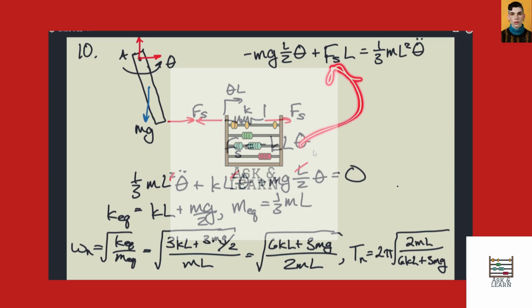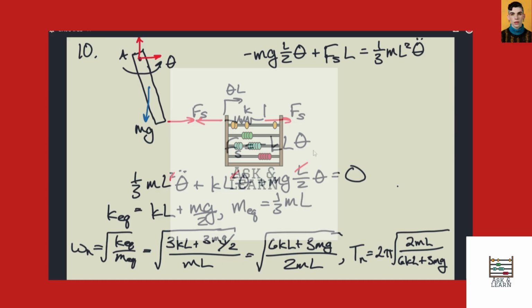Plugging this into here, rearranging some, and canceling out an L everywhere, we get what I'll call the equivalent stiffness. So the coefficient of our coordinate, which in this case is theta, is KL plus mg over 2. The equivalent mass, which is all the things in front of the acceleration term, is 1/3 mL.